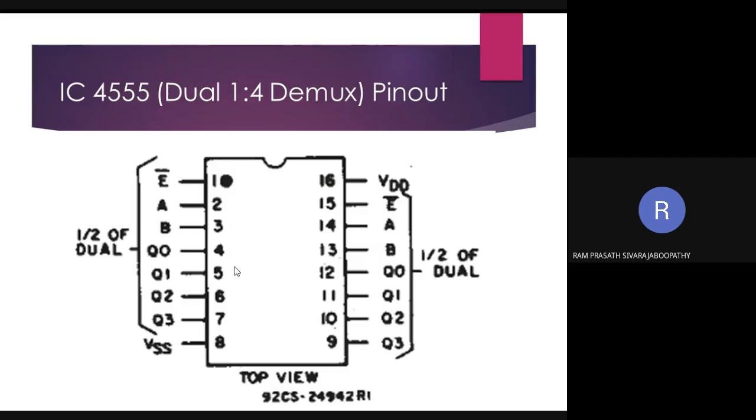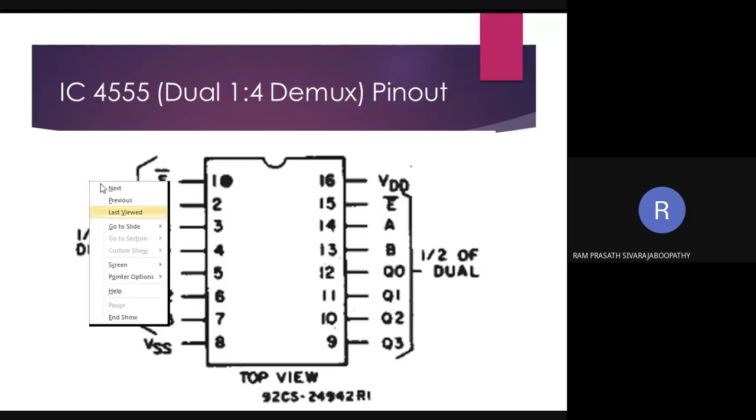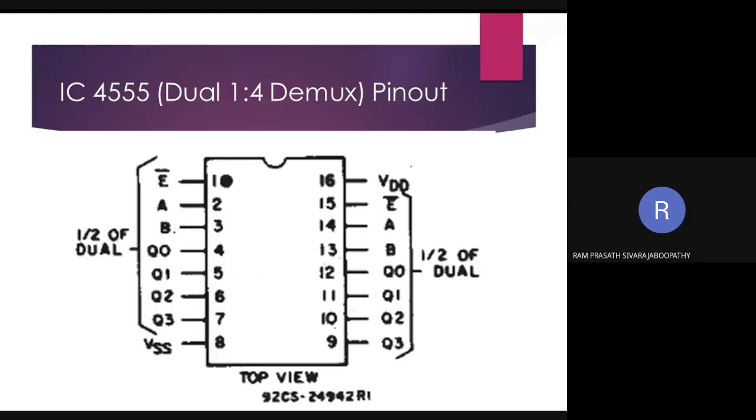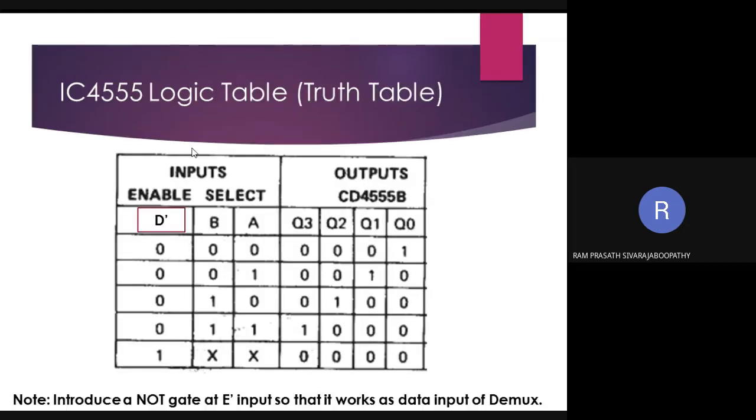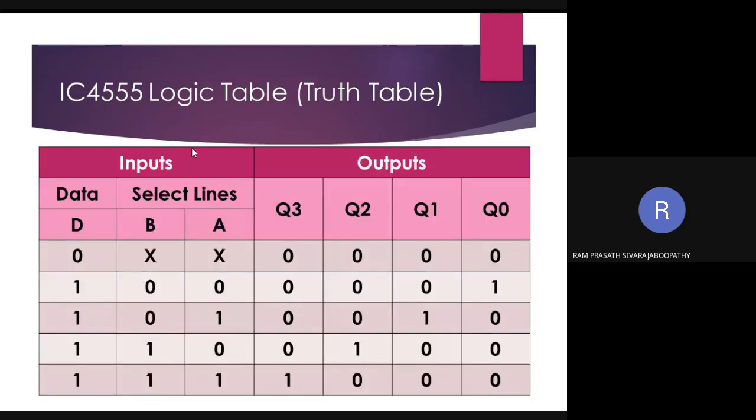When this IC is used as a demux, the enable pin is used for providing the data. As it is an active low enable, it is equivalent to D bar. That means we are going to invert the data input and apply it to E bar. That's it. So the truth table we are going to verify is this one.